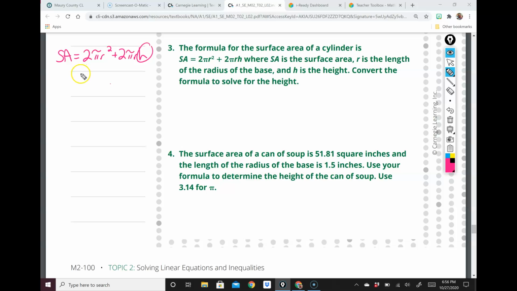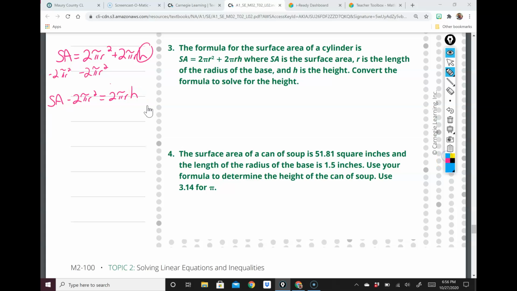So first I'm going to subtract 2 pi r squared from both sides. So the surface area minus 2 pi r squared equals 2 pi r times h.